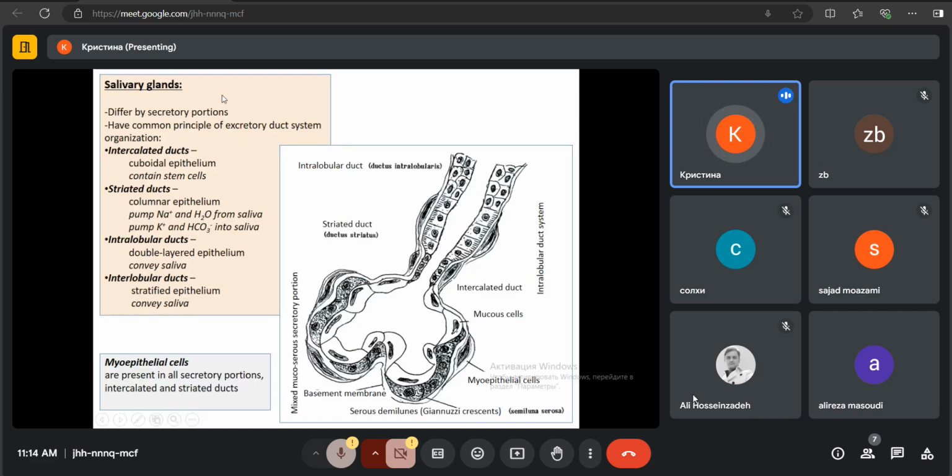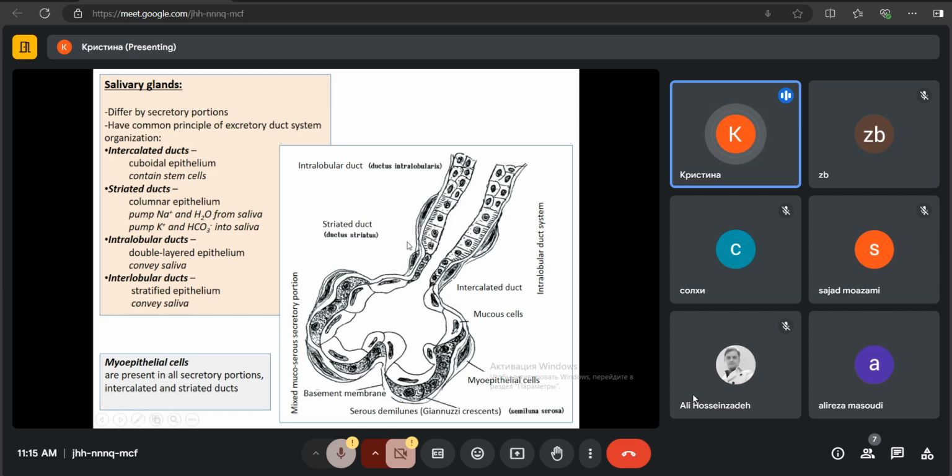So the salivary glands differ by secretory portions, but they have a common principle of excretory duct system organization. This is very important. You should learn these four types of excretory ducts.